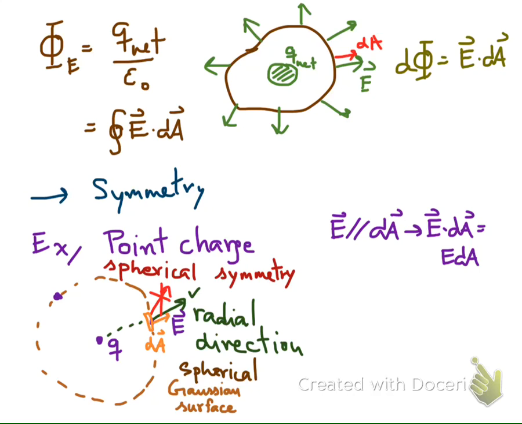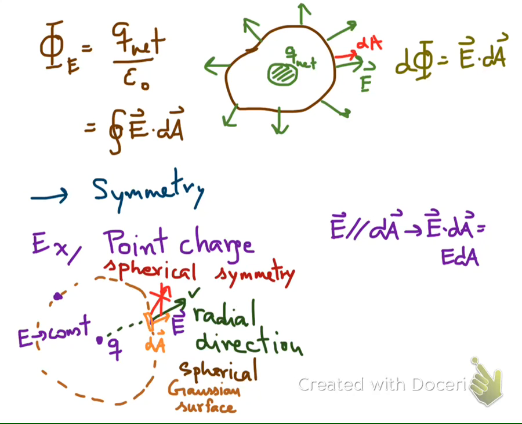And the last consequence of the spherical symmetry is that on a particular spherical Gaussian surface, we must have that E, the magnitude of the electric field, is constant.